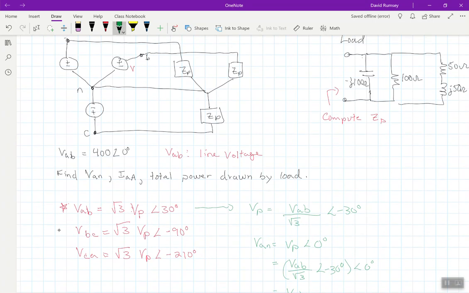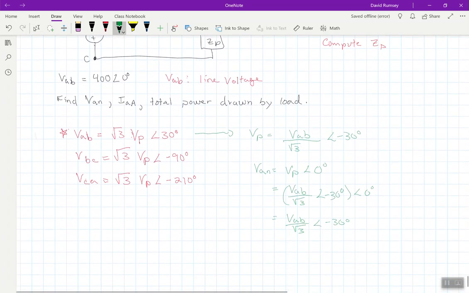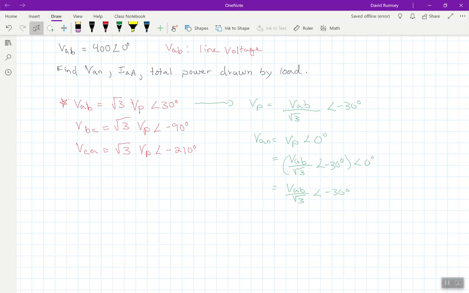So these are some important equations here. I'm going to go ahead and scroll down here just so that I don't have to erase things. So what we have here is VAB is 400 at an angle of 0 degrees.